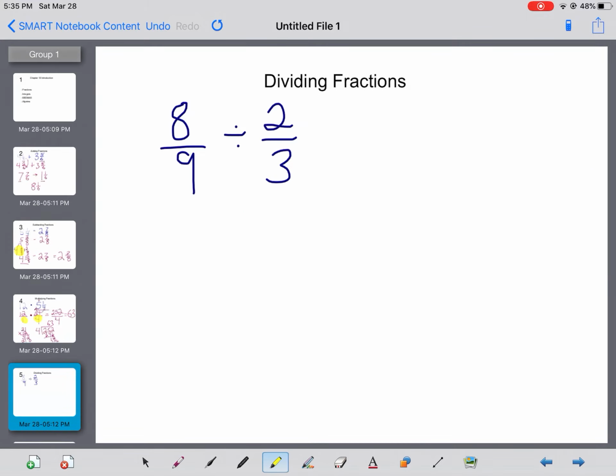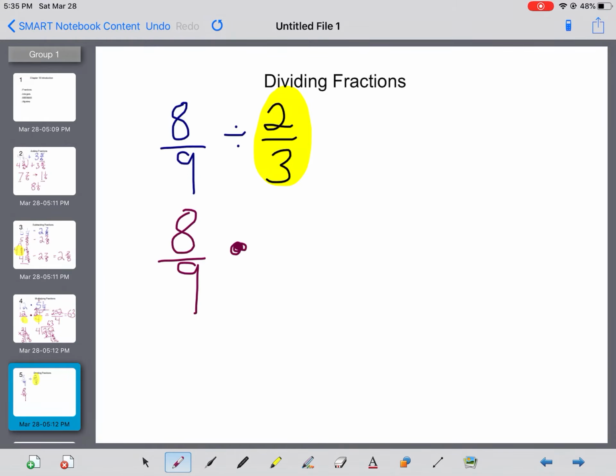All right, last one, dividing fractions. Hopefully you remember that when we divide fractions, we actually multiply with the reciprocal. The reciprocal has to do with that second number that we're working with. So when you're dividing fractions, you write out your first number first. That does not change.